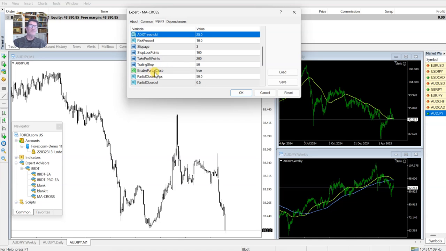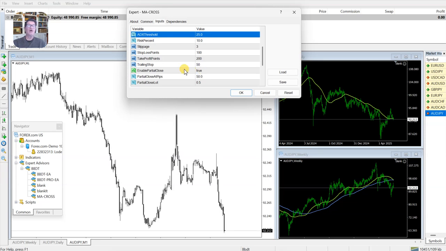Then we have partial profit. If that's set to false, you will not have a partial profit. Set to true, the system will automatically take partial profit at a certain level. The level is in pips. So once the price has moved 50 pips in the direction of your position, it will automatically take 0.5, or 50%, of whatever profit you earn.